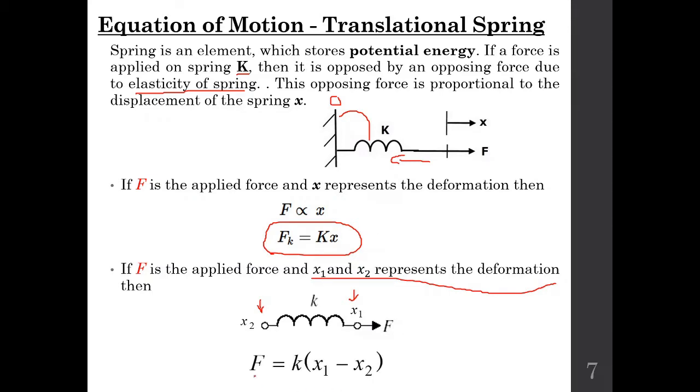In that case, it will simply be equal to k into x1 minus x2. Here we are assuming that x1 is greater than x2. So the force will be equal to k into x1 minus x2, because x1 minus x2 represents the deformation of the spring or the actual displacement in the spring.